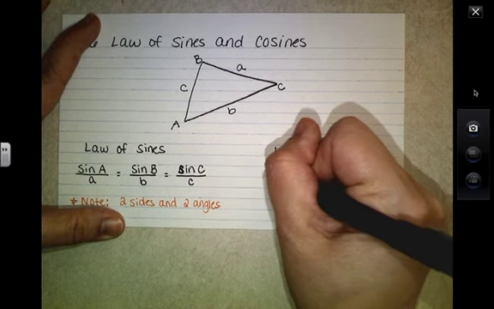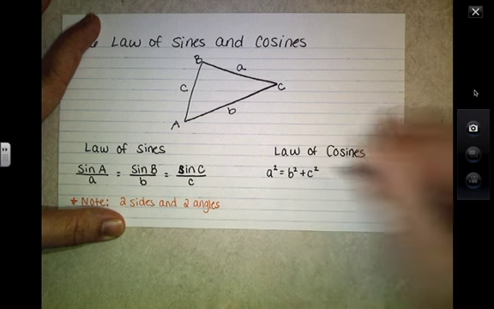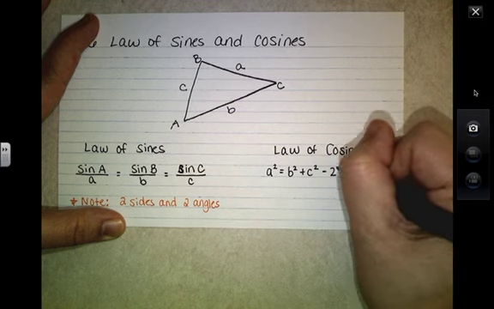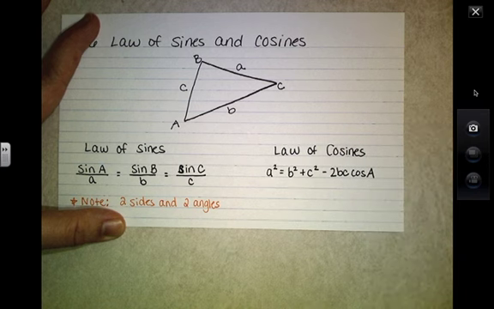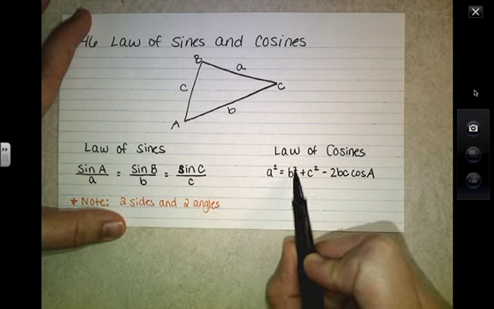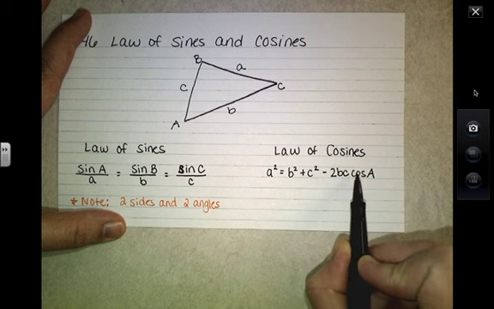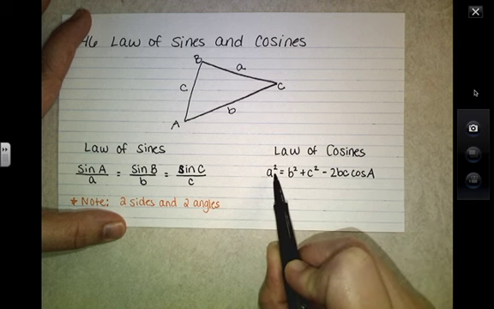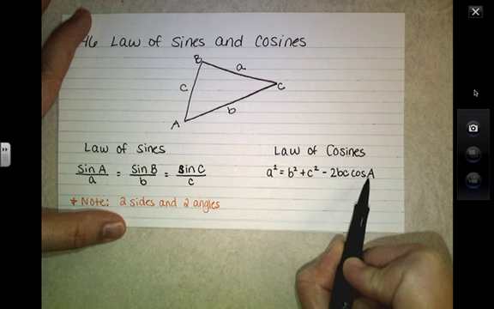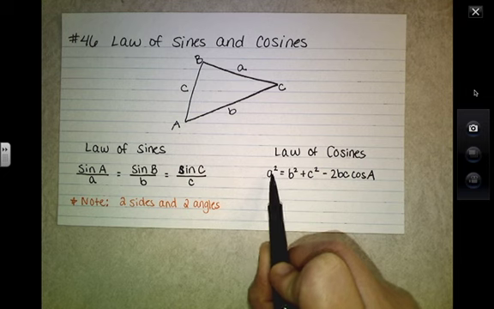That's a squared equals b squared plus c squared minus 2bc times the cosine of A. So side A squared is equal to side B squared plus side C squared minus 2 times each of those sides times the cosine of the angle that was across from the side that we put over here. It's important to notice what angle and sides are across from each other, because this angle has to be across from the side that you put over here.